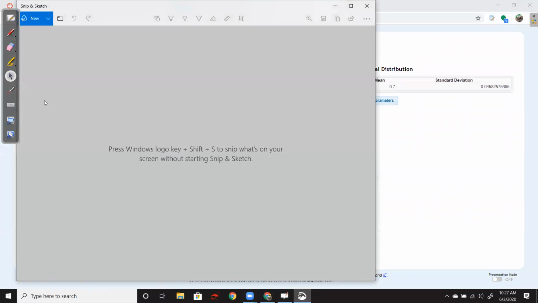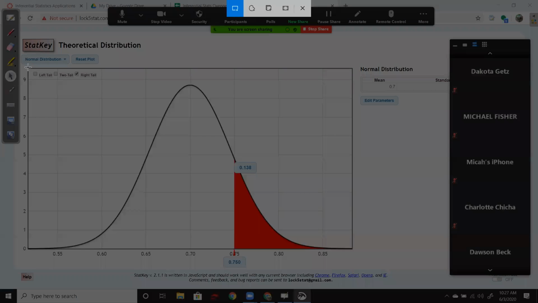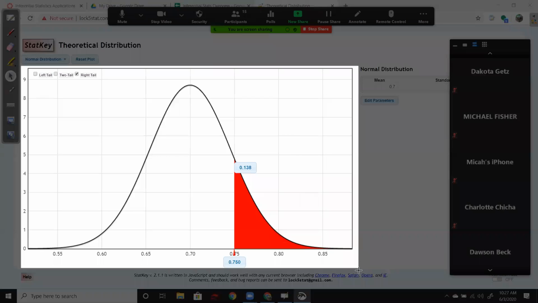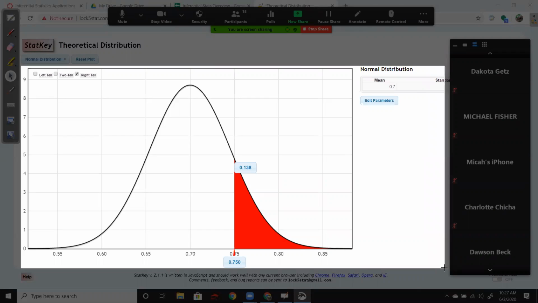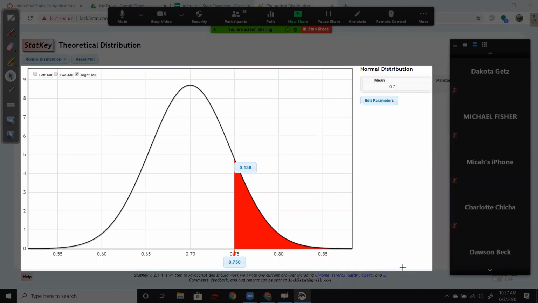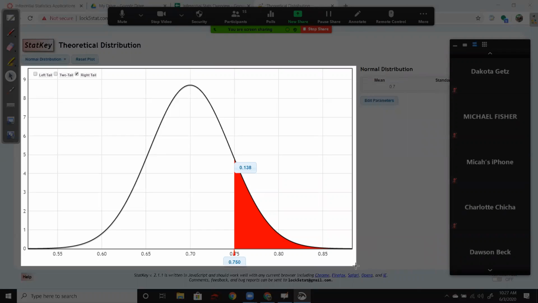And then in Snip and Sketch, you just hit New. And then it wants you to just draw a rectangle around what you need. So maybe I just want this part of the graph. And maybe I want to show the mean and standard deviation, but on my screen, it's showing pictures of you, so that's covered up. So I'm going to skip that.